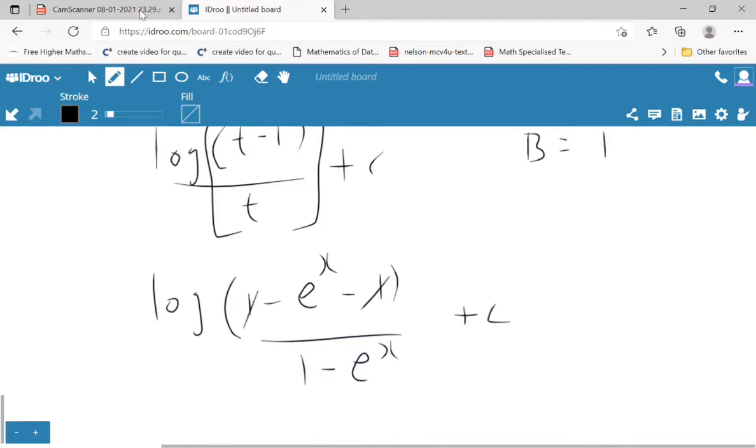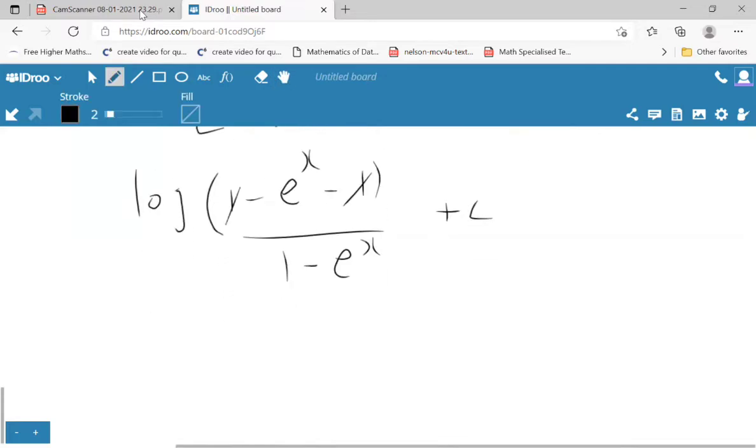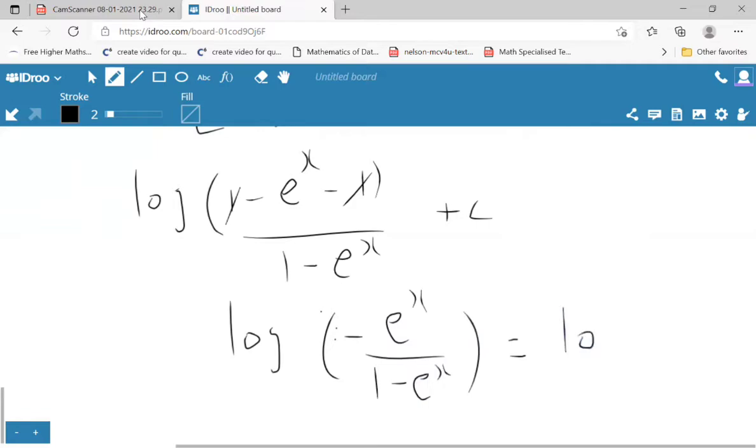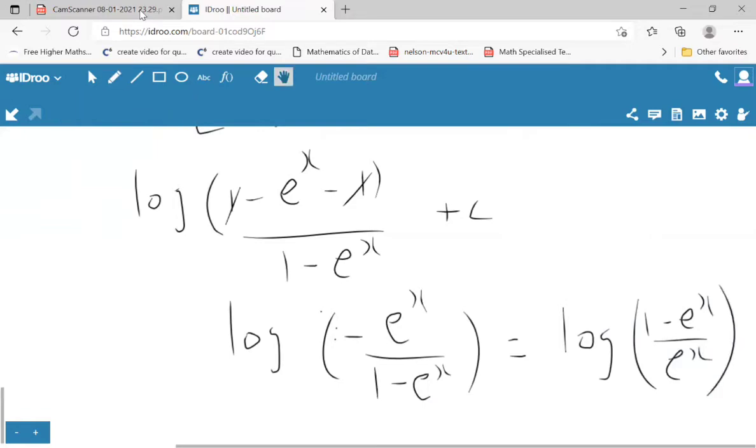The 1 and 1 will get cancelled. So you get log of minus e to the power of x by 1 minus e to the power of x, which becomes log of 1 minus e to the power of x by e to the power of x plus c.